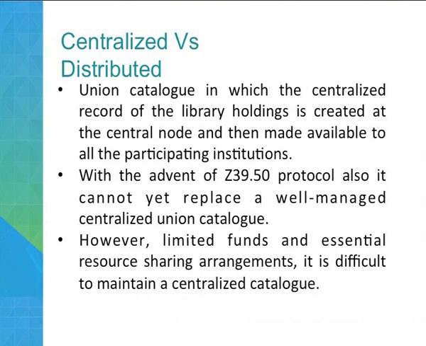And even with the advent of the Z39.50 protocol, it cannot yet replace a well managed centralized union catalog. However, with limited funds and essential resource sharing arrangements, it is difficult to maintain a centralized catalog. Nonetheless, centralized catalogs are more suitable for high volume searching compared to fixed collections.